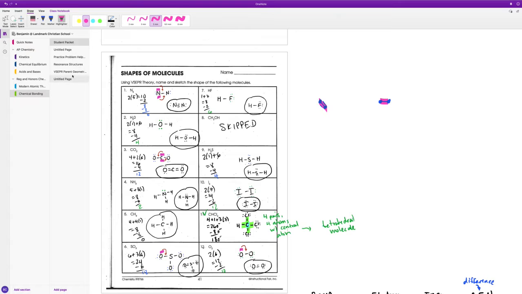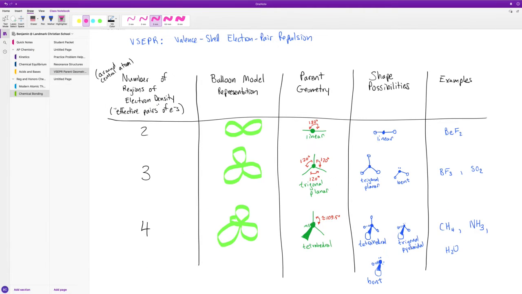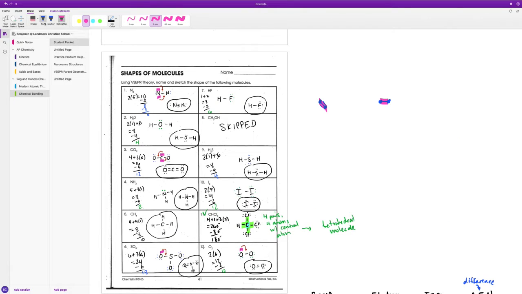So that's not even one that we've considered here in the table. The simplest molecule in the table has 3 atoms, and then 4 atoms, 5 atoms. But if you only have 2 atoms bonded together, it has to be linear. So diatomic molecules will all be linear. That's not even VSEPR, that's just straight up logic.